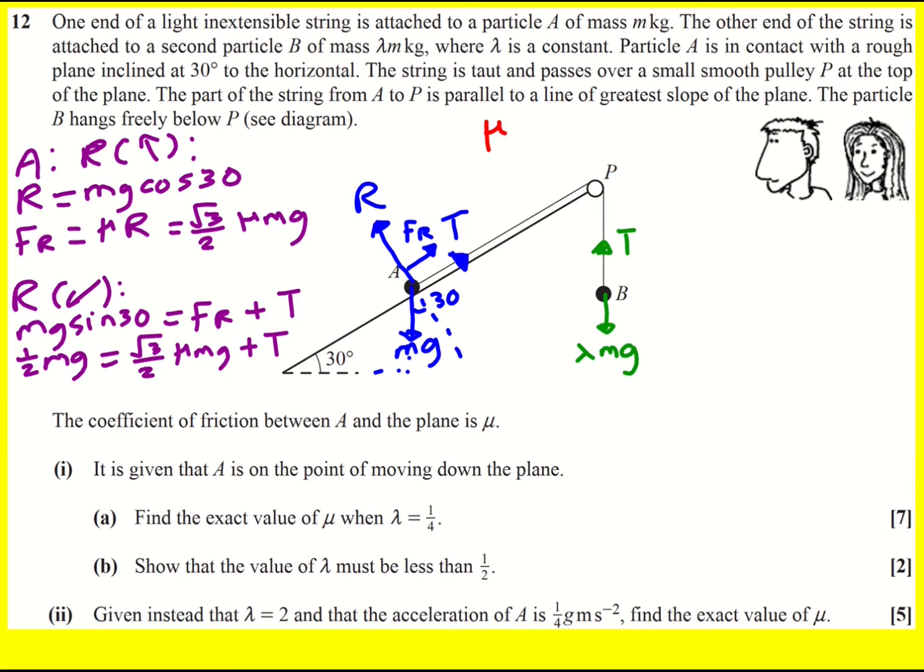What I've not yet done is look at B. So that seems the obvious thing now. So I can get another relationship between T and the mass. For this, I'm going to resolve up, and then T is going to equal mu mg. Now I can put the two together.